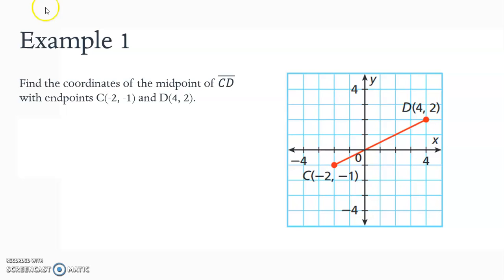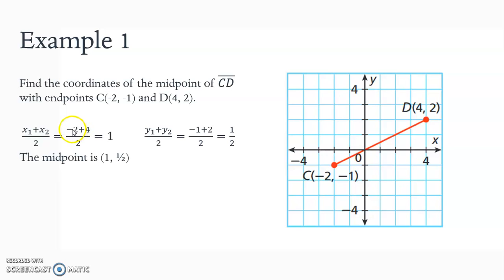So I'm going to do -2 plus 4 divided by 2, and -1 plus 2 divided by 2. -2 plus 4 is 2, and 2 divided by 2 is 1. For my y's, -1 plus 2 is 1, divided by 2 is 1/2. So my midpoint is the point (1, 1/2).